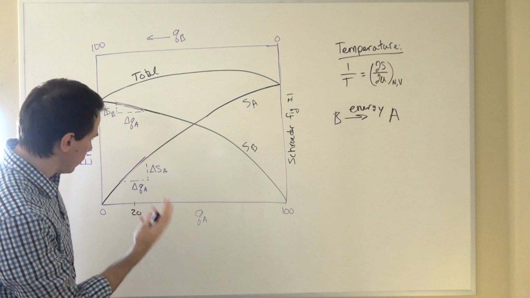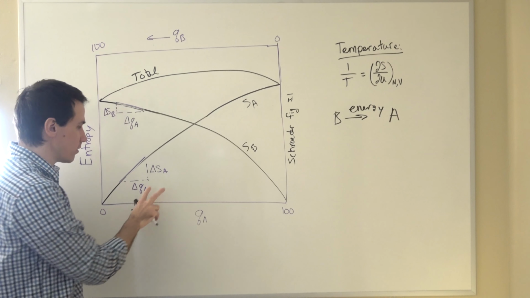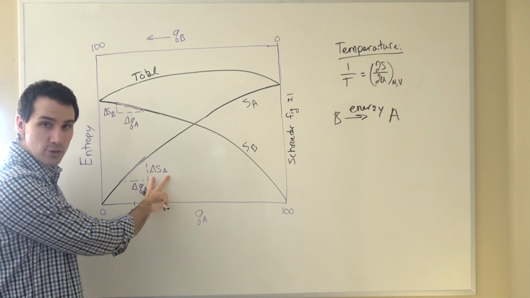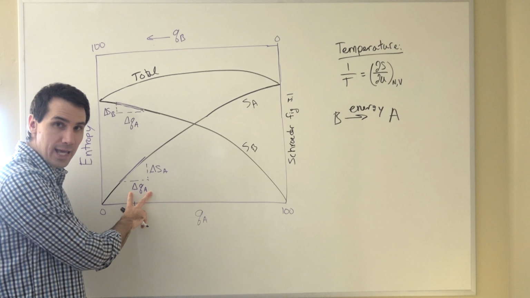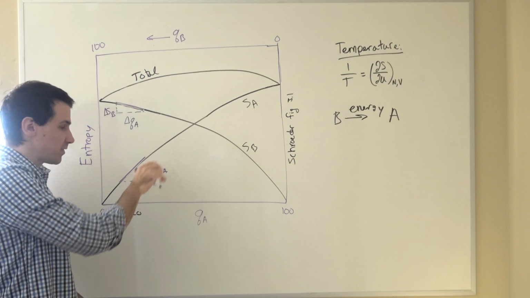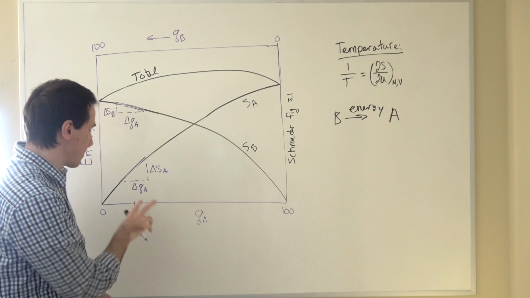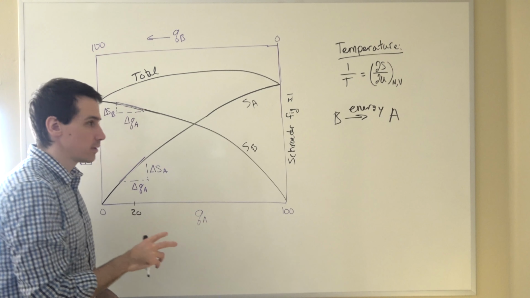And the way that we can think about this is the slope of this line, the ratio of the change in entropy to the change in energy, is a fairly steep slope. That means here we are gaining a lot of entropy per energy, right?